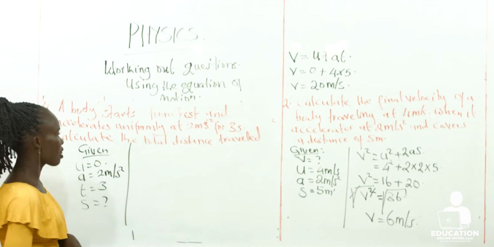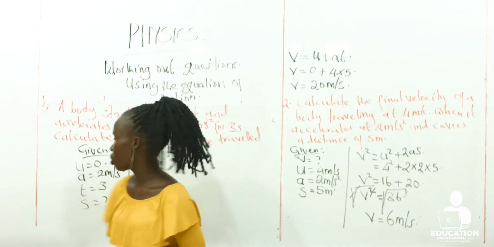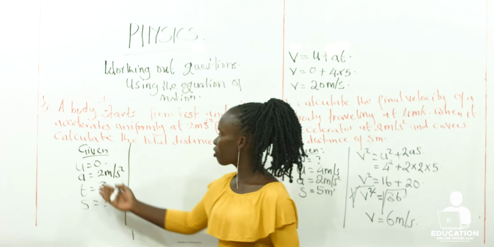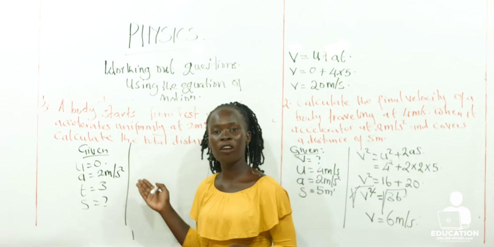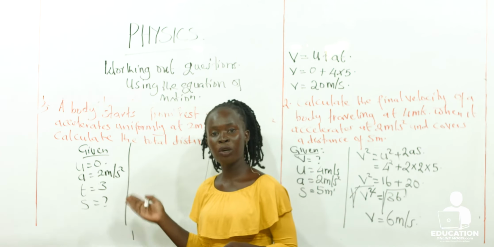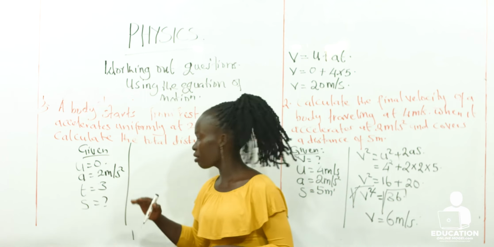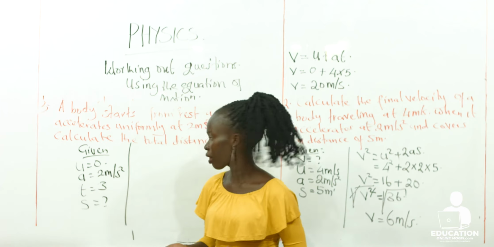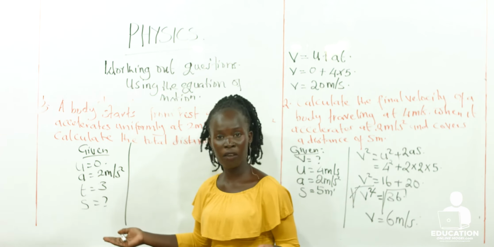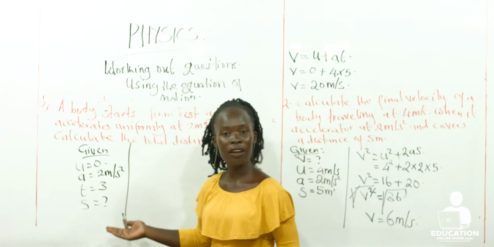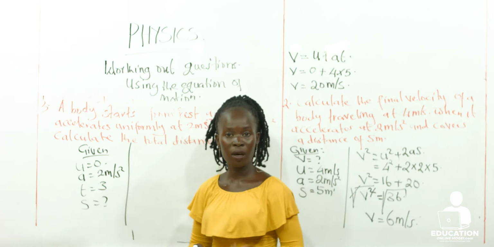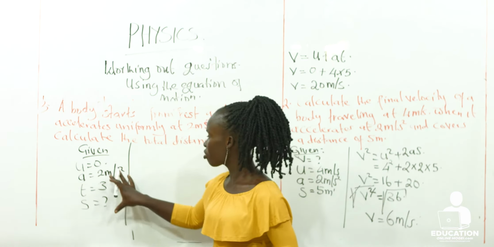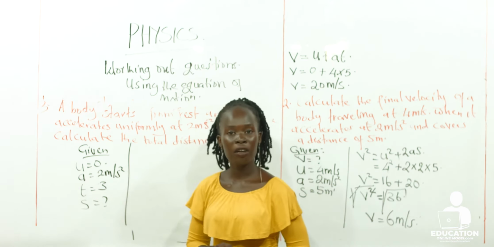How do you find that? If you look at our question, it is not stating the final velocity the body attained, but it states the velocity with which the body started moving. It gave us the time the body traveled and the acceleration with which the body was moving. So we have all this, but we don't have the final velocity.